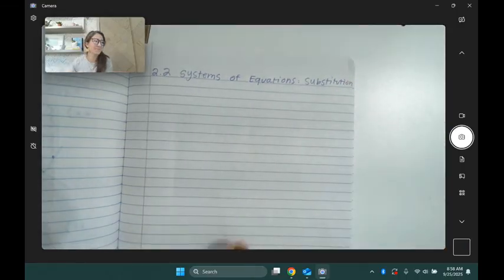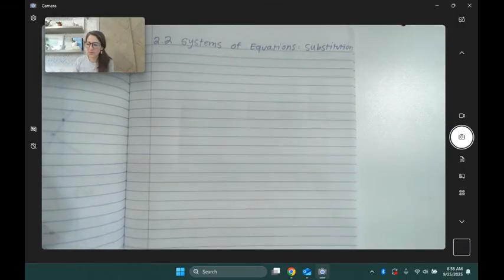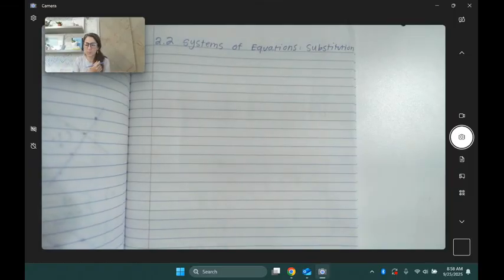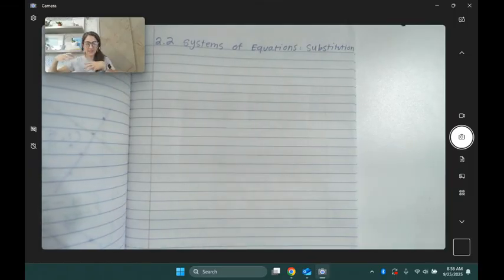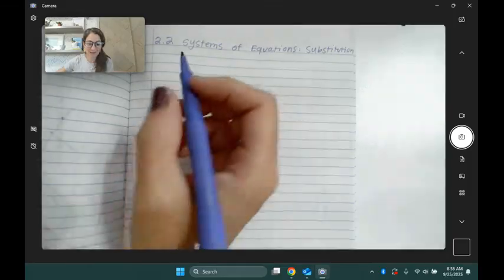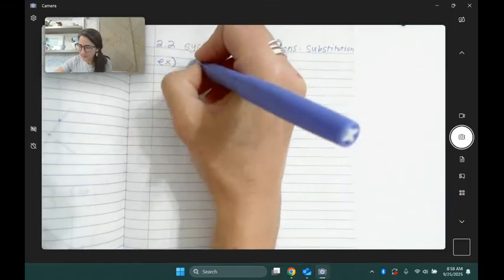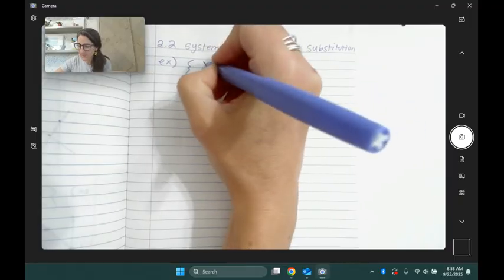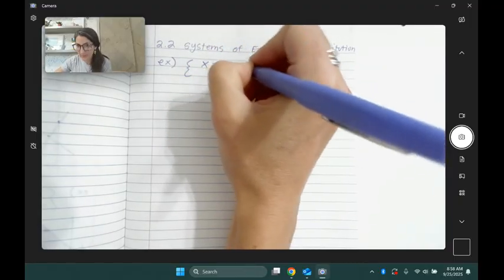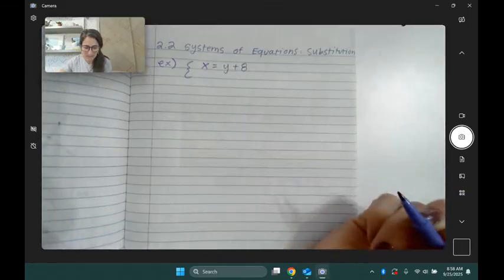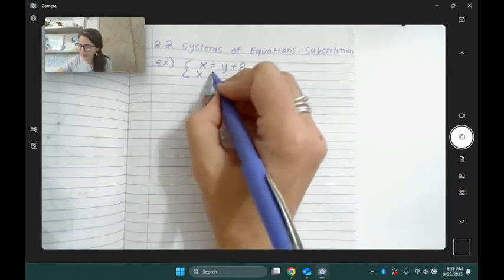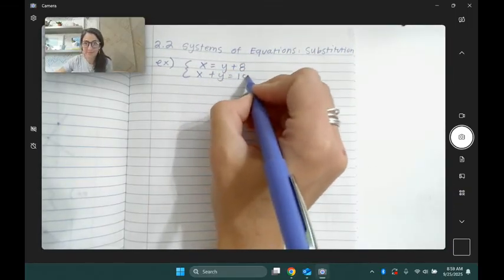Okay, so we're going to do a similar thing where I'll give you an example, and then within that example, we will write out the steps. So for example, let's say I had this system. X equals y plus 8, and x plus y equals 10.